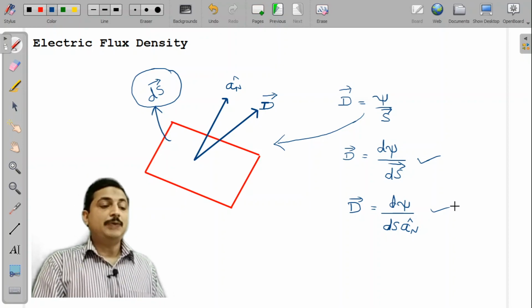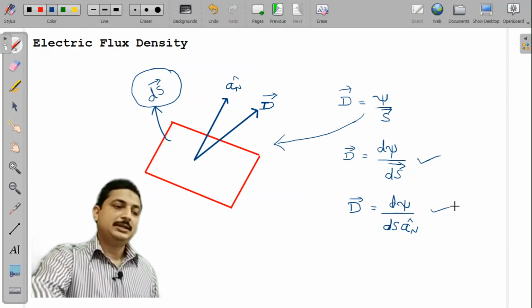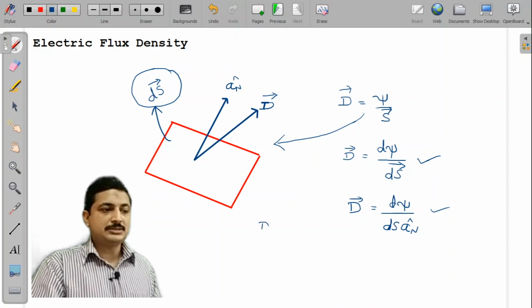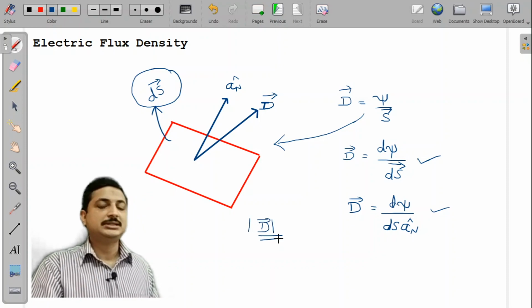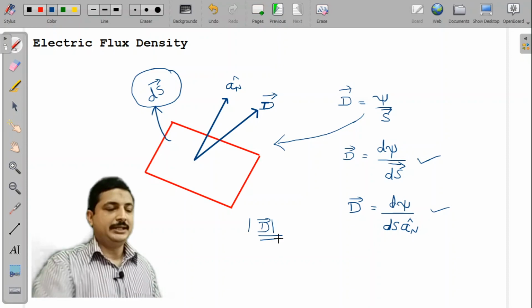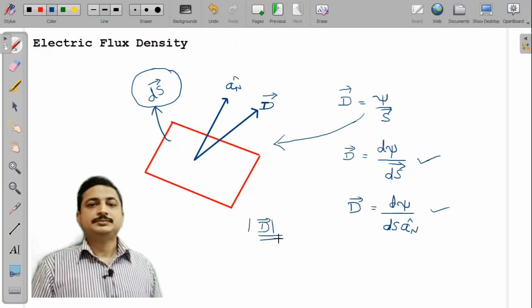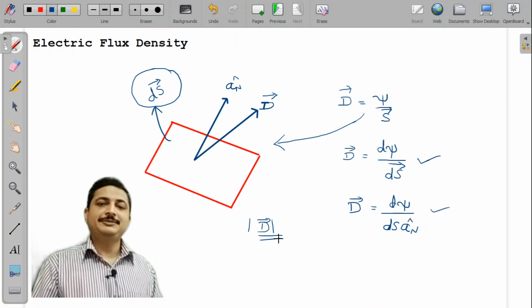Okay. Now how will I define magnitude of D? Define, not represent. How will I define magnitude of D? Because that is what I need, right? Basically what I am trying to find is the magnitude of D. So what is magnitude of D? That is from the definition itself.